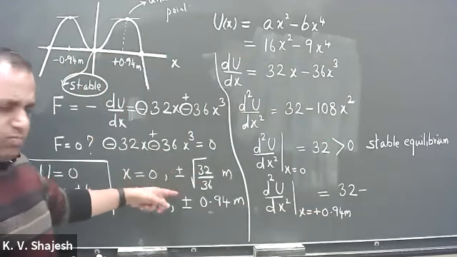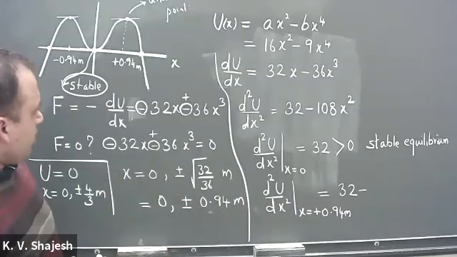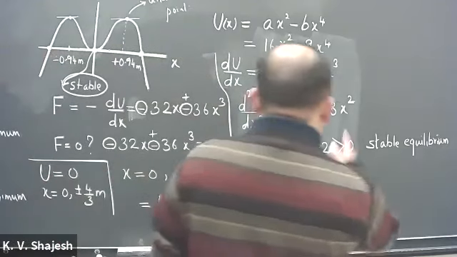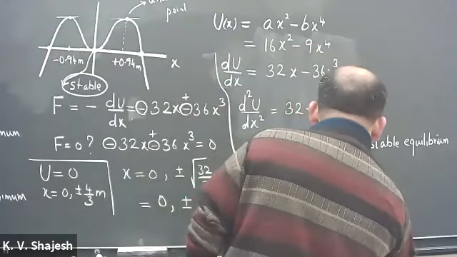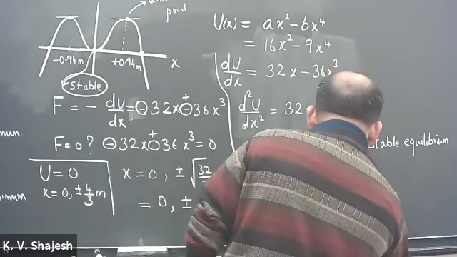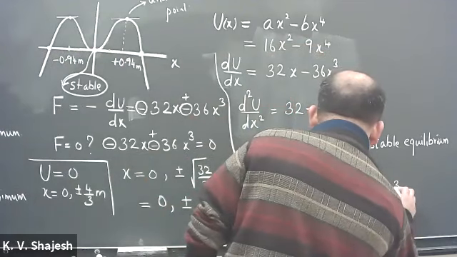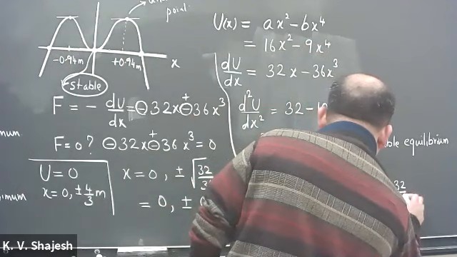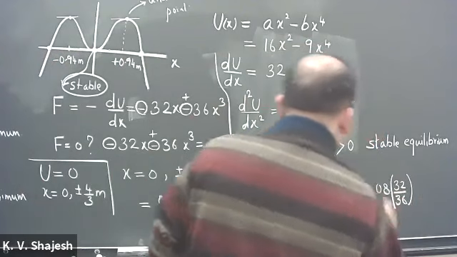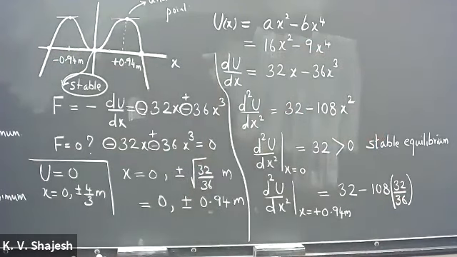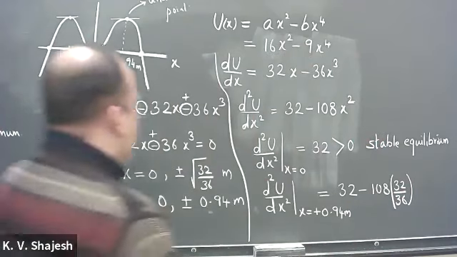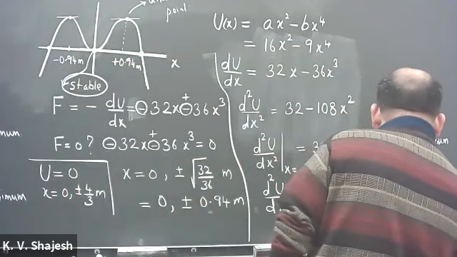When I square it, whether it's plus or minus, it doesn't matter. So that's minus 108 times 32 over 36. 36 goes 3 times, so that's minus 64.